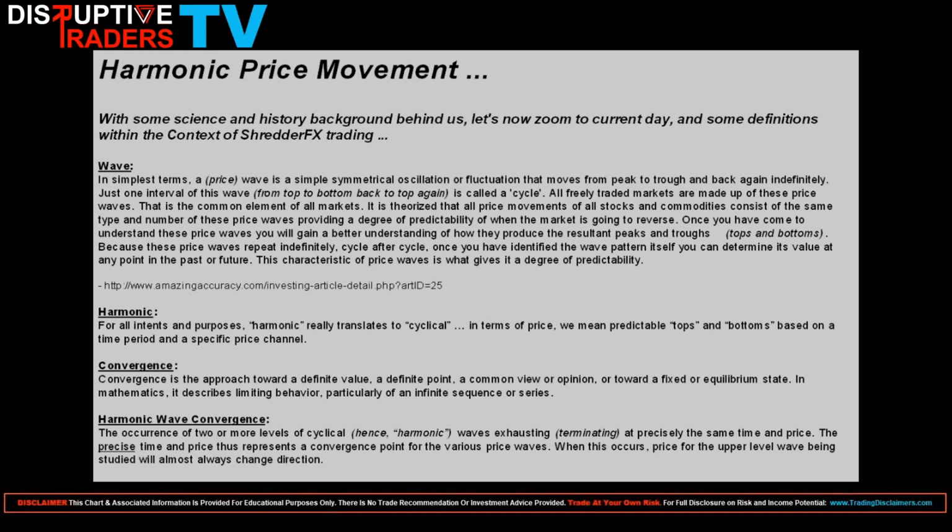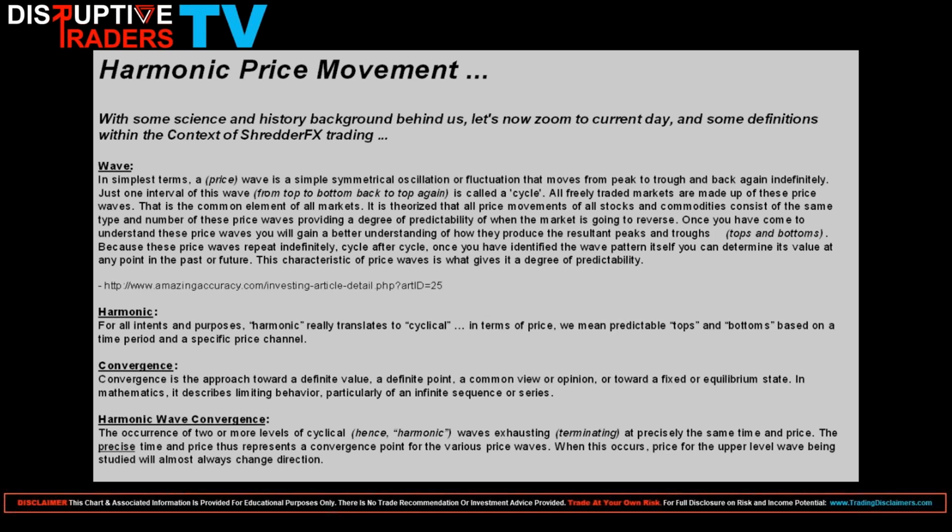Once you understand these price waves, you will gain a better understanding of how they produce the results, peaks, and troughs. Because these price waves repeat indefinitely, cycle after cycle, once you have identified the wave's pattern itself, you can determine its value at any point in the past or future. This characteristic of price waves is what gives it a degree of predictability.